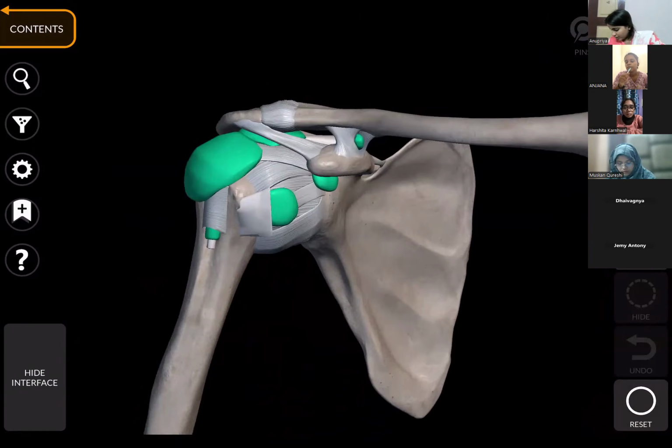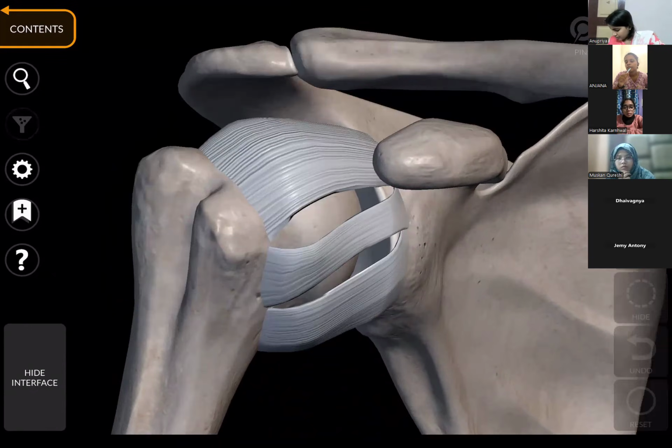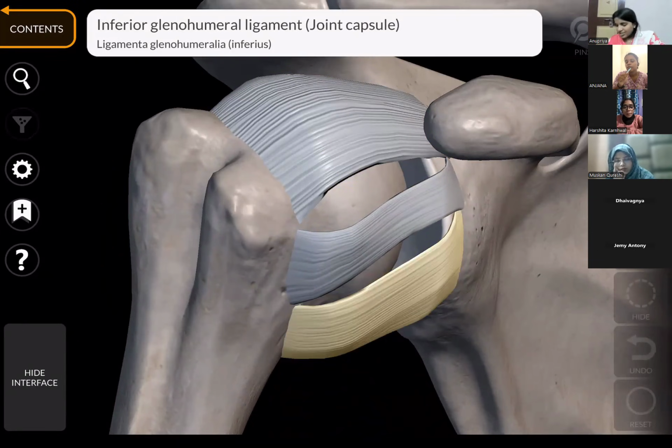If you look over here, these are capsular ligaments. Just a thick layer of the capsule is considered as the capsular ligaments, which also act like a normal ligament and restrict the range of motion. Okay? Yes, thank you.